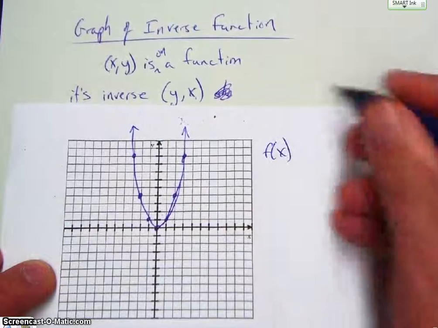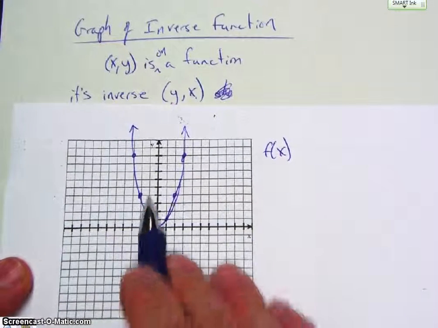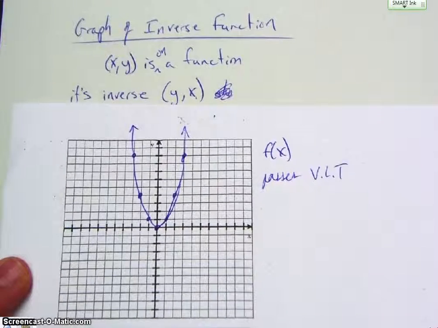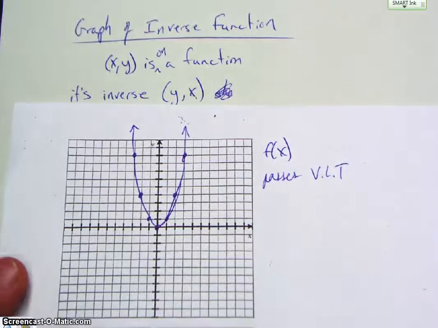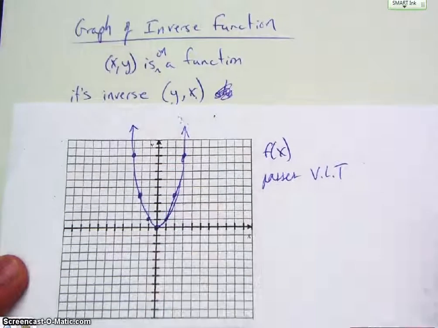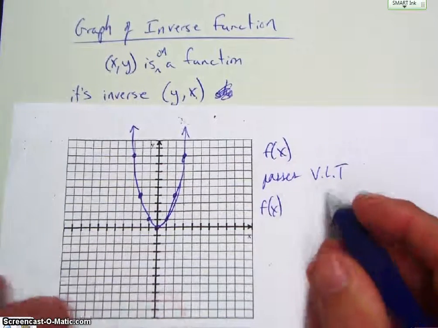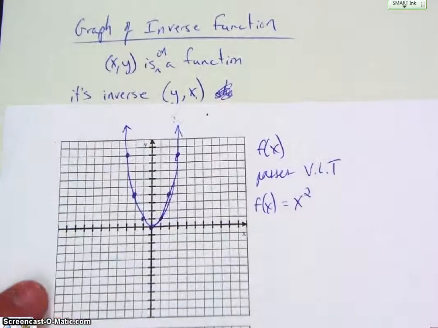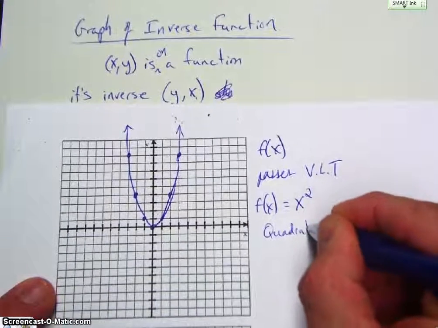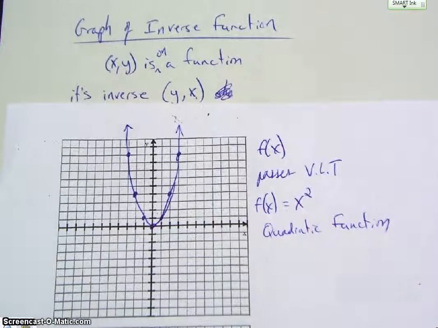So we'll call it f of x. How do I know this is a function? First of all, it passes the vertical line test. And you should be able to know the parent function of this function. This equation is x squared, so this is a quadratic function. We'll learn that in section 3.5.